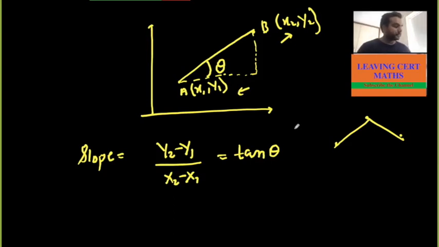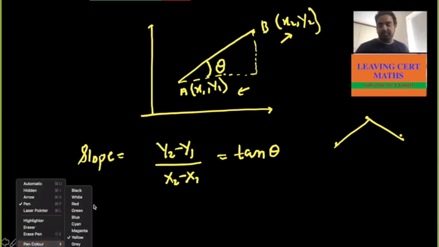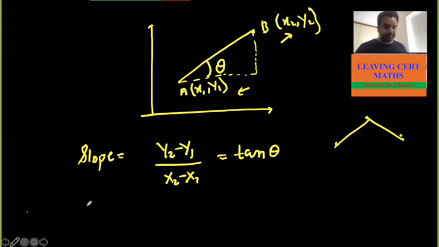Yeah. Now if I want to write the equation of this line, what will you do? For the equation of the line, you have one formula: y minus y1 is equal to m times (x minus x1). You can use it.